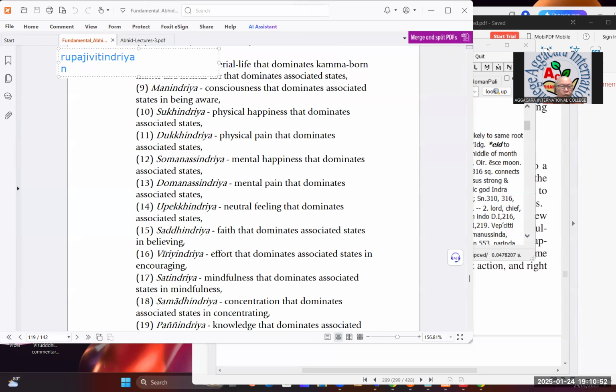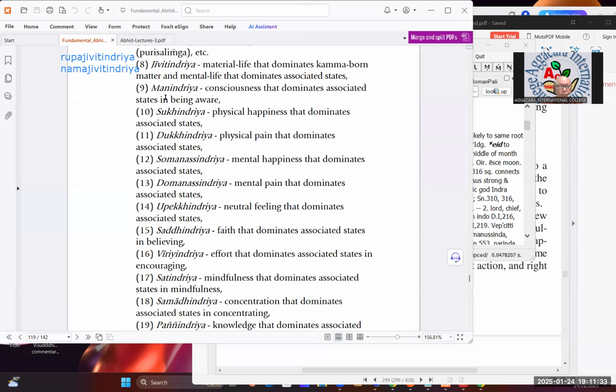Another one would be Nama Jivitindriya. So there are two of them. Material life, Rupa Jivitindriya, dominates the karma-born matter. Nama Jivitindriya is mental life. You find Rupa Jivitindriya in the 28 Rupa, and Nama Jivitindriya in the chapter of the Cetasika. So Nama Jivitindriya belongs to Cetasika.